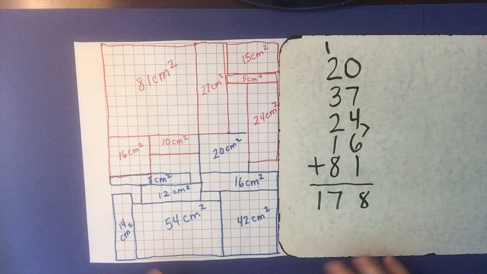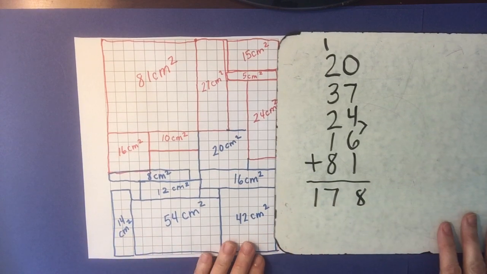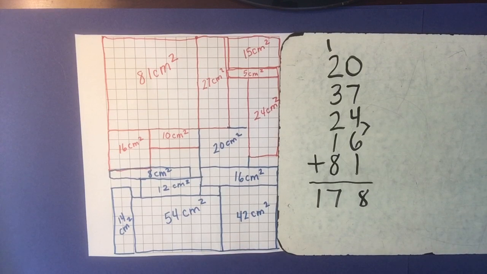Now it's time to calculate my scores from over here. So again, I'm going to use my fast 10 strategy, and I want you to look at my numbers and see if you see any fast 10s hanging around. The first one I see is 8 and 12, and I know that 8 and 12 is 20. So I'm just going to write down 20 to take care of that one.